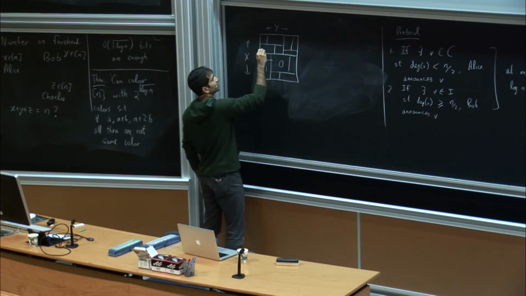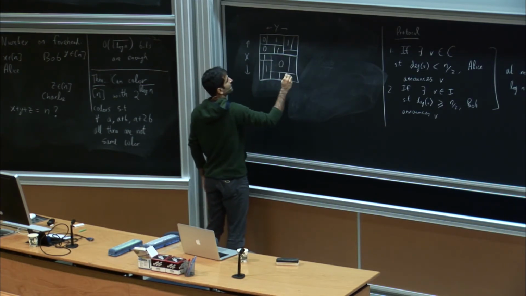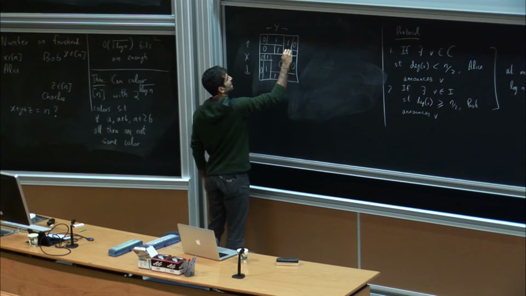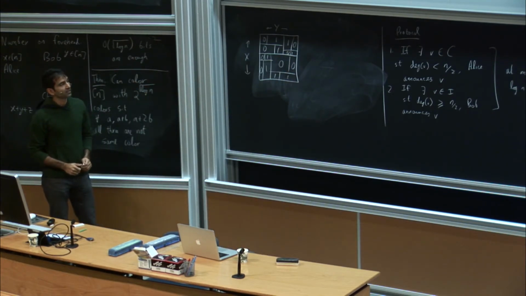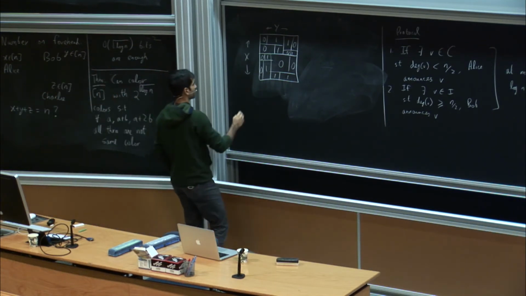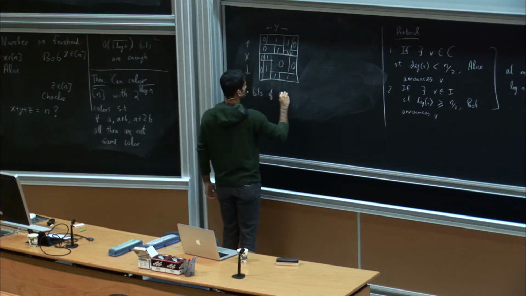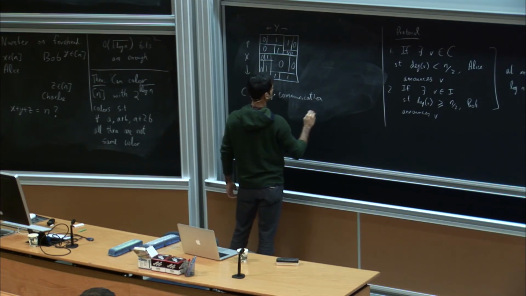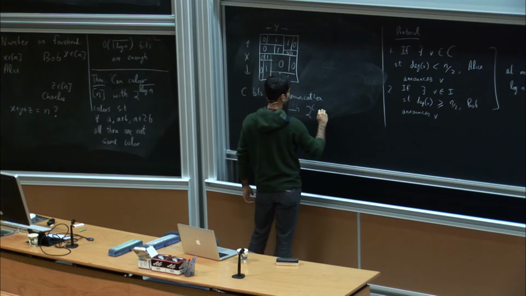So the protocol corresponds to a partition of the matrix into monochromatic rectangles. And if you have C bits of communication, what you get is 2 to the C monochromatic rectangles.